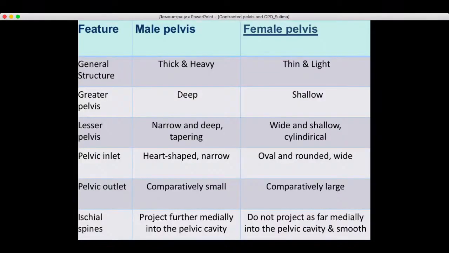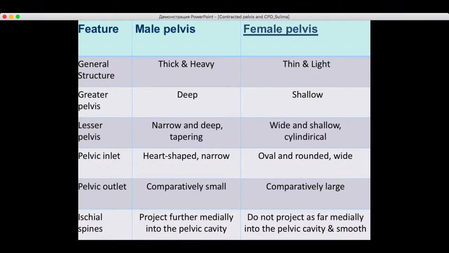On this table, you can clearly see the main differences between the male and female pelvis. General structure. The male pelvis, of course, is thick and heavy, and the female pelvis is thin and light.